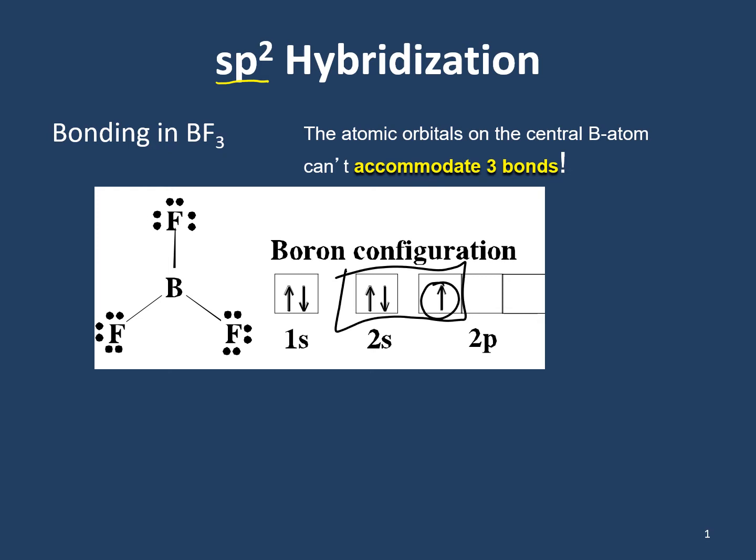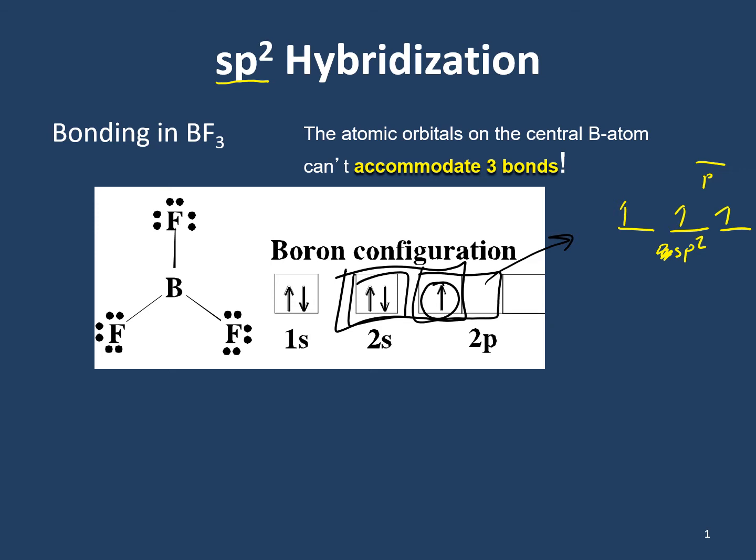single bond. But because our orbitals can hybridize, what happens is the s orbital and 2 of our p orbitals mix together to give us three equal sp2 hybrid orbitals.